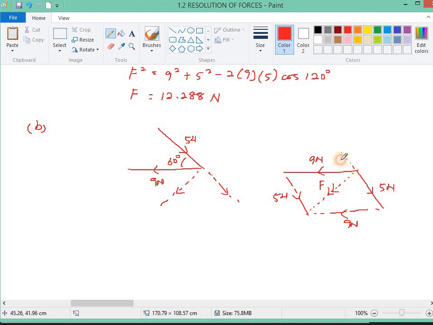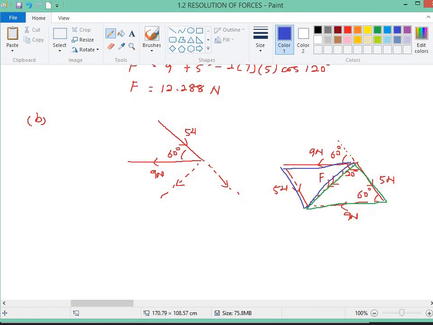Here is 60 degrees, so that means over here will be 120 degrees. If here is 120, that means here will be 60. Same thing, if you want to calculate this length, we need a triangle. You can get the triangle from here or from here.